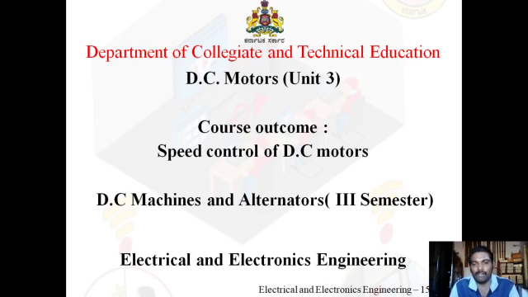If you recall the concepts of speed current characteristics, we can tell the speed regulation of DC shunt motors is very small, therefore it is good. And as the load on the motor is varied, the change in speed is very small.